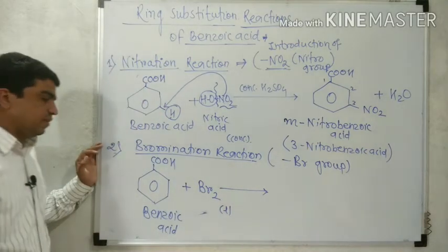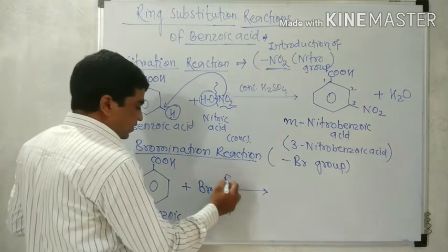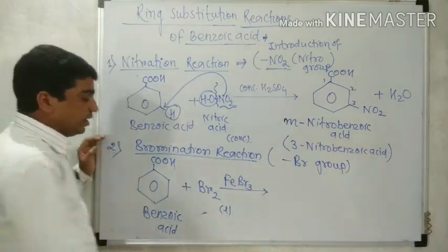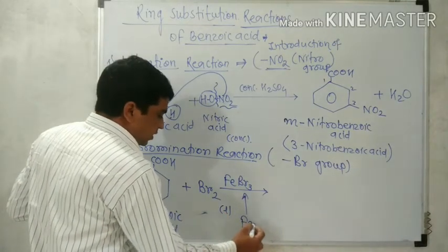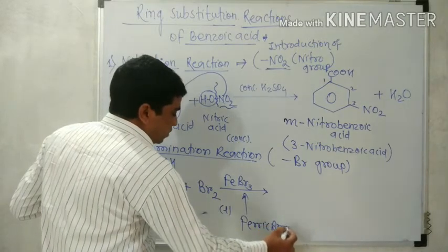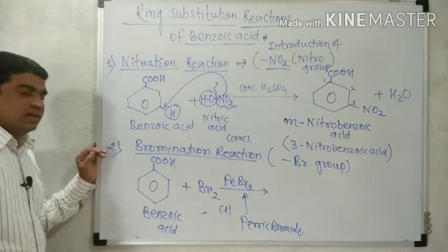Bromine exists as a liquid. So when benzoic acid is reacted with liquid bromine in the presence of the catalyst FeBr3, that is ferric bromide. What is the name of FeBr3? Ferric bromide, which is used as a catalyst for the bromination.